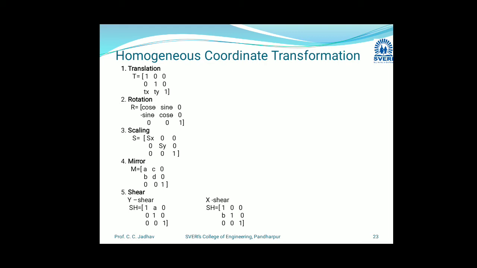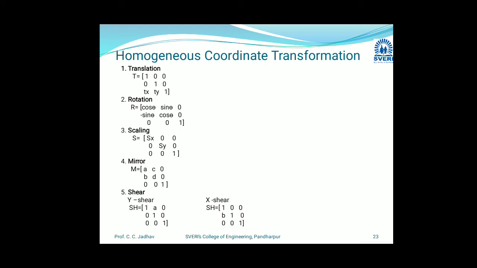Okay, second, the rotation matrix. Already we have seen in geometrical transformation, the rotation matrix is cos theta sin theta, minus sin theta cos theta, that is only. But in this homogeneous coordinate transformation, the rotation matrix is cos theta sin theta 0, minus sin theta cos theta 0, 0 0 1.